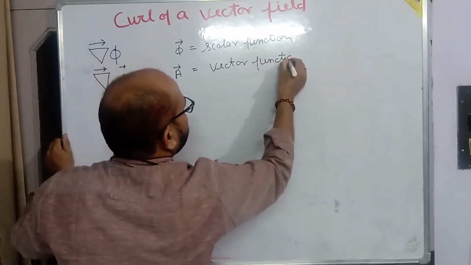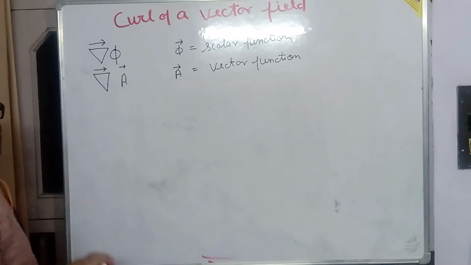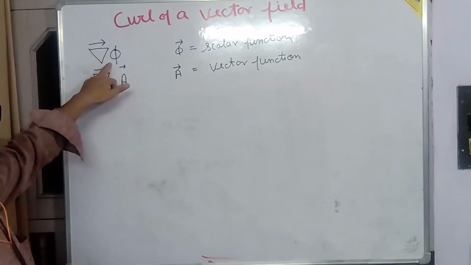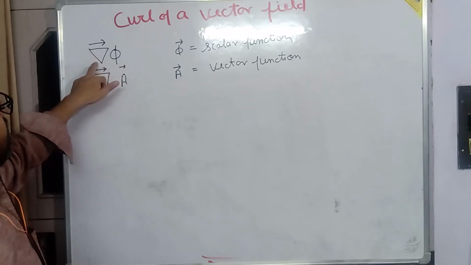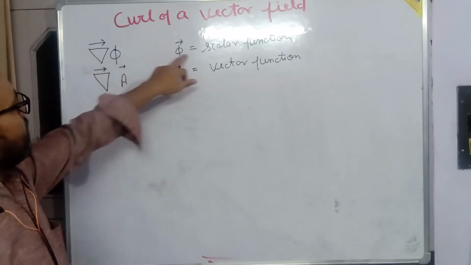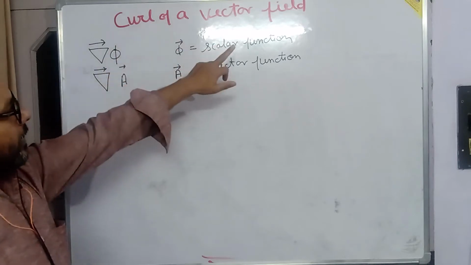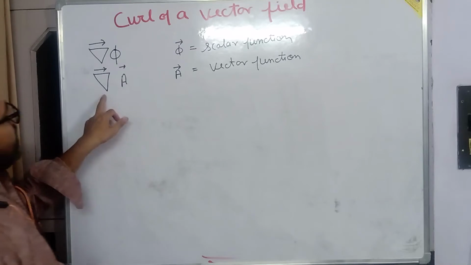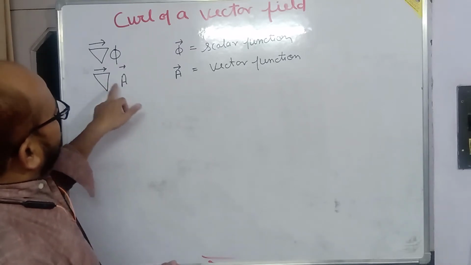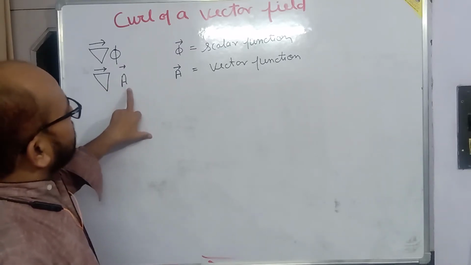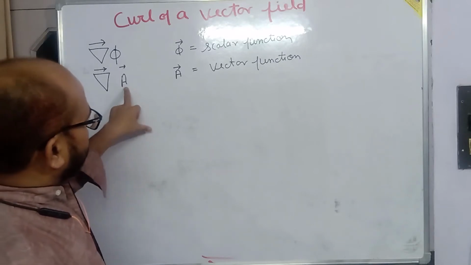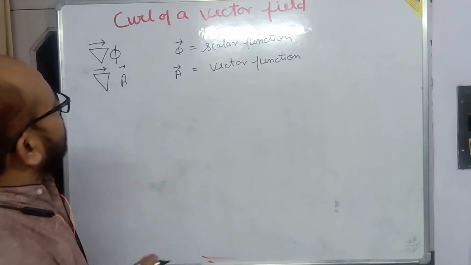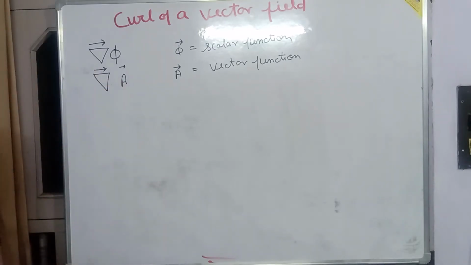It is clear that in the gradient, when the del operator operates on a scalar function, it changes to a vector function. But in the divergence of a vector A, the del operator operates on the vector function or vector field, and this turns to a scalar function, right?